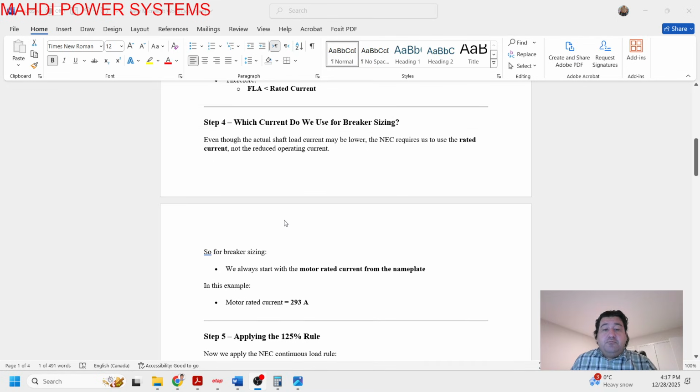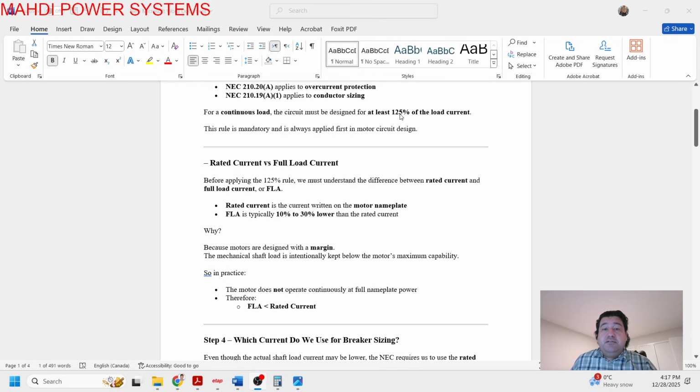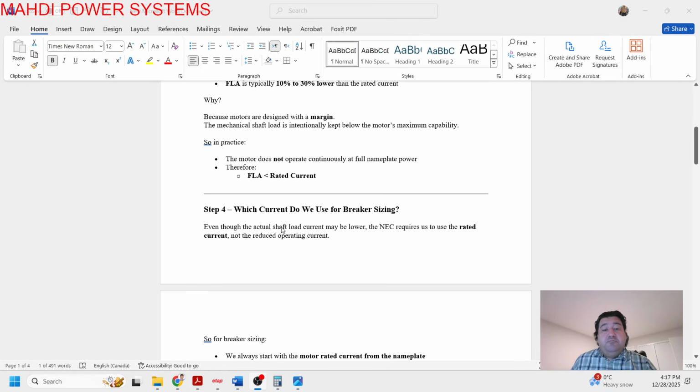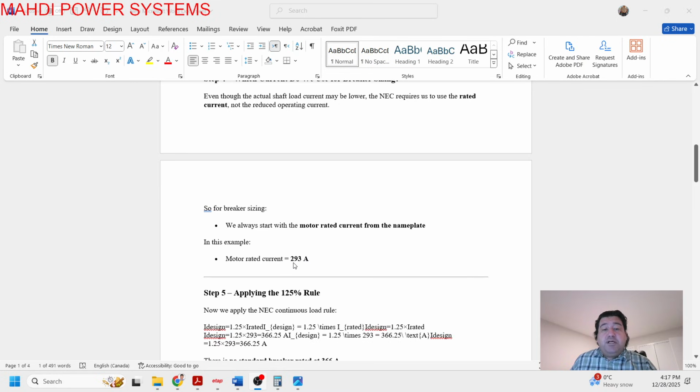Okay, we figured out what the rated current is and what the FLA current is. Therefore, the 125% applies to the load current, which means the rated current. We figured out the rated current is 293 amp, derived by the formula or written on the nameplate.